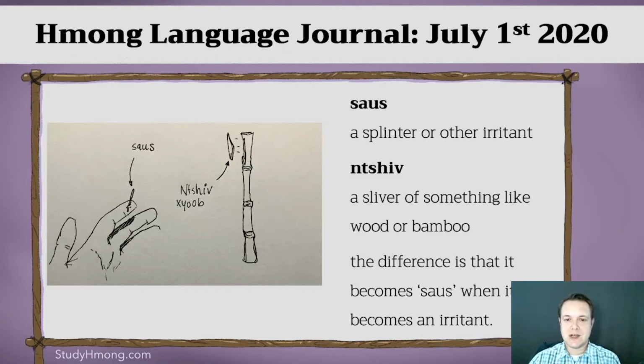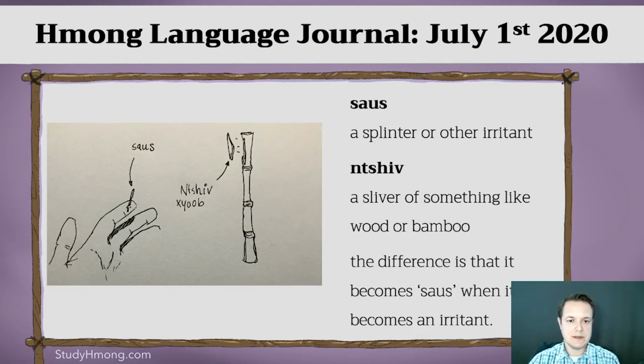And finally, shao is a splinter or another irritant. And the word for comparison, the word nqi is a sliver of something like wood or bamboo. So it might seem like this is the same word, but the difference, which is interesting, is that something can only become shao when it becomes an irritant.